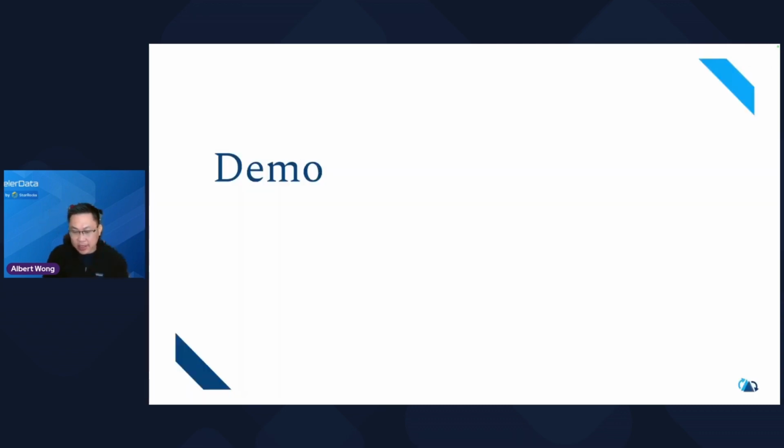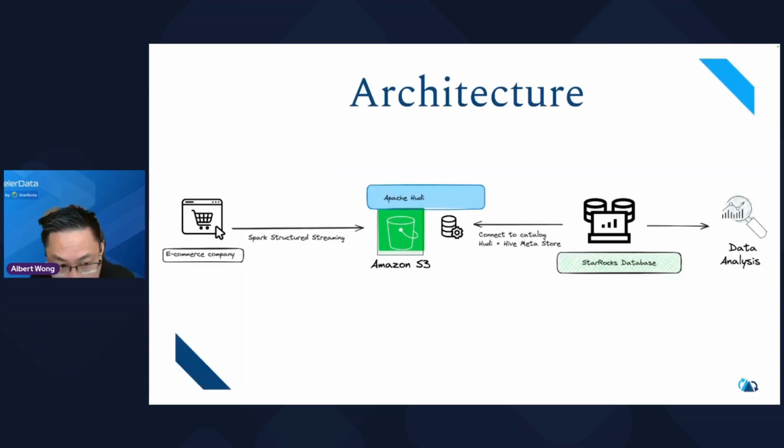So let's get to the demo. Just imagine that you are a big e-commerce company and you're on the web analytics team, on the merchandising team. In real time, the website writes its web logs into Amazon S3.